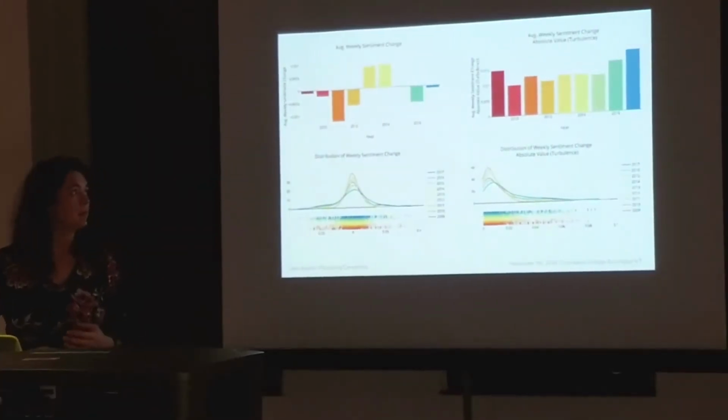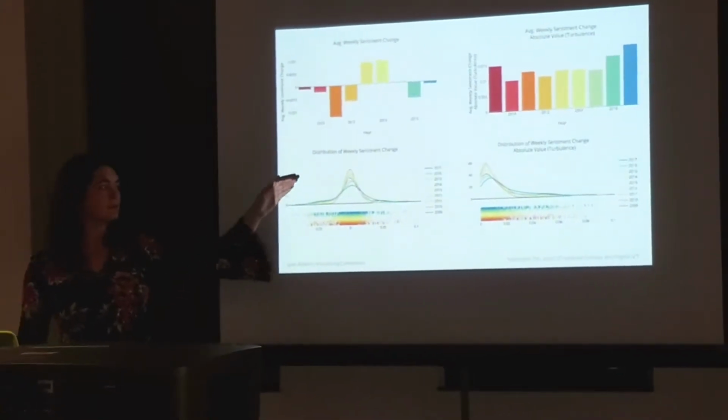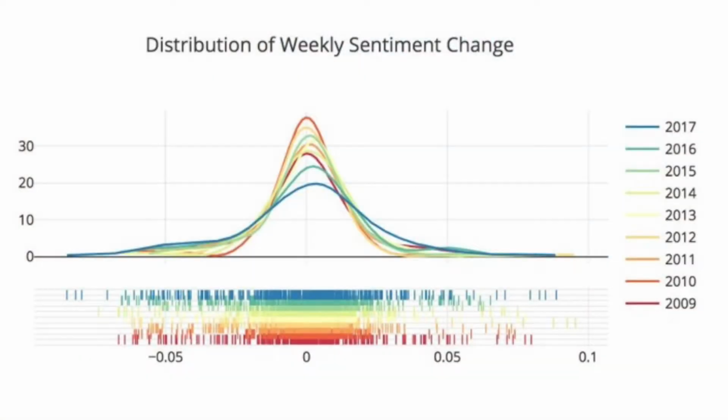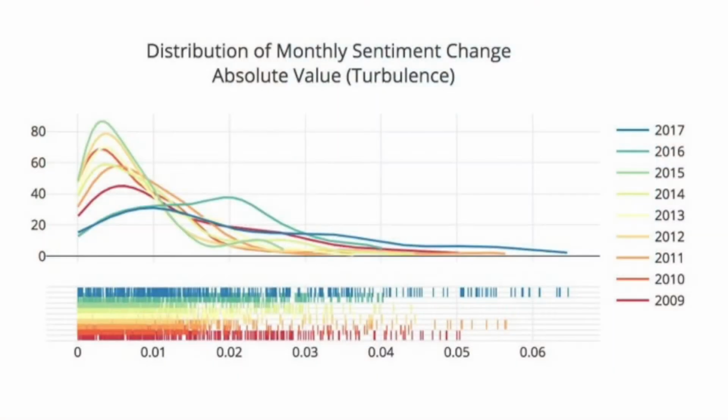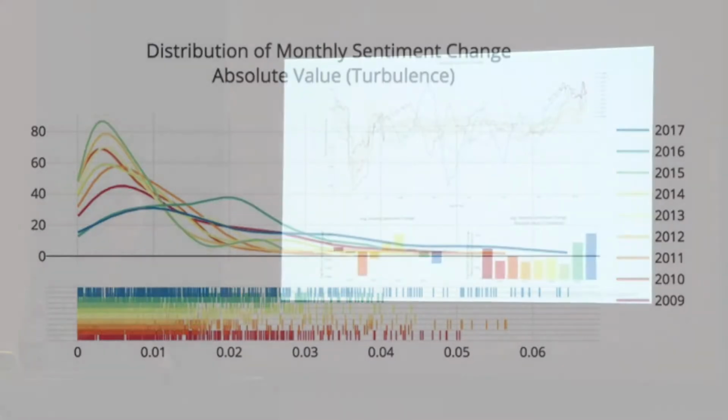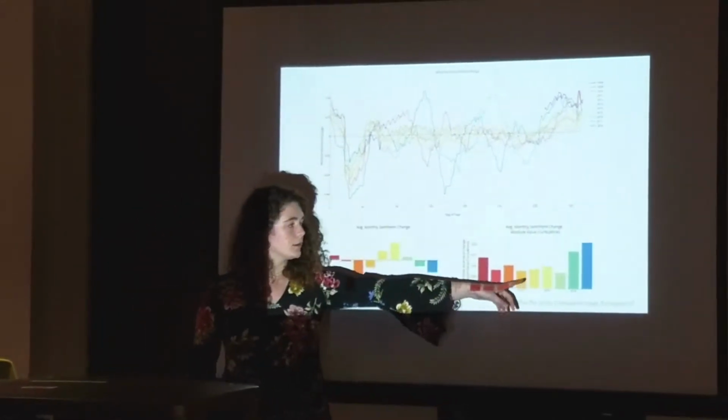This is doing the same thing with the weekly sentiment change and then a distribution of that weekly sentiment change. Here we can also see how 2017 is one of the lowest, flattest distributions, which means that there was the most change week over week, and then especially monthly, we can start to see that turbulence, which I think this chart captures the most.